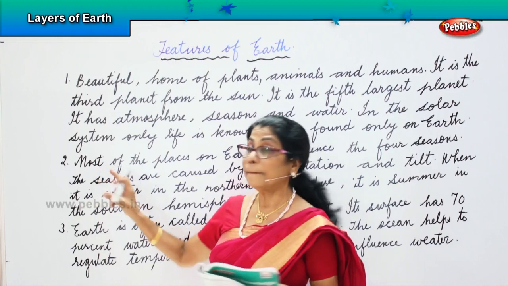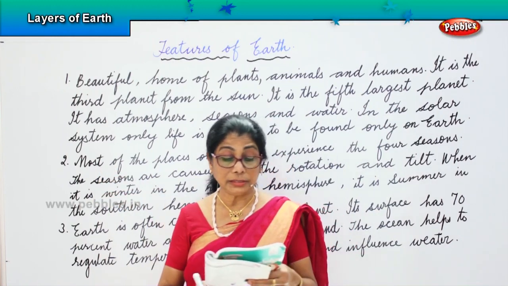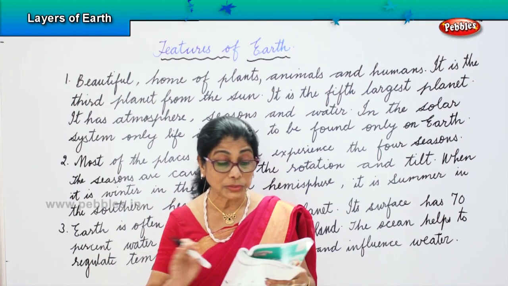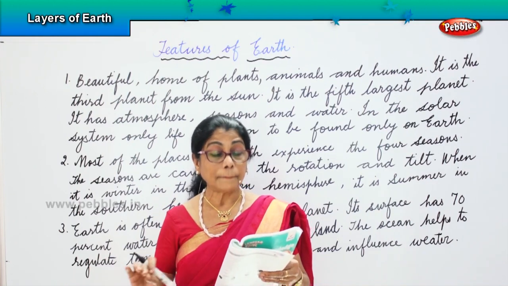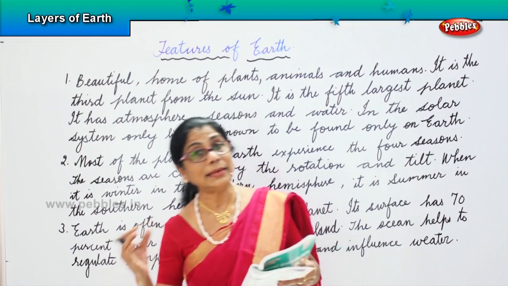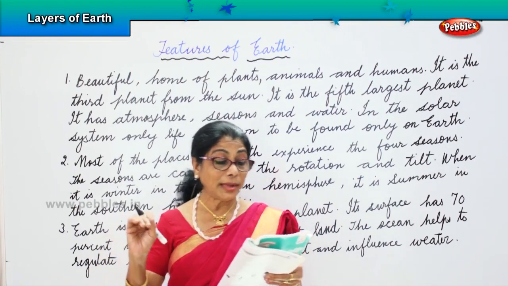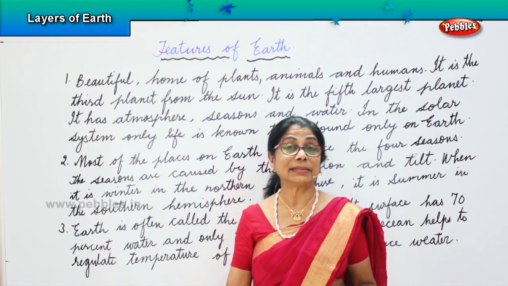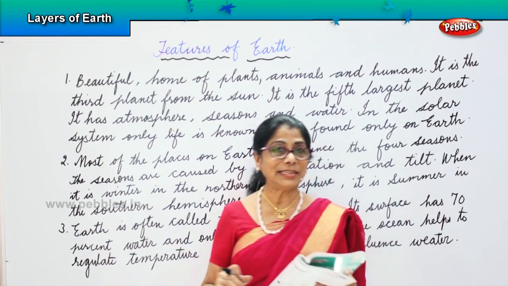The second feature of the earth: most of the places on the earth experience the four seasons caused by the earth's rotation and tilt. When it's winter in the northern hemisphere, it is summer in the southern hemisphere, and vice versa.